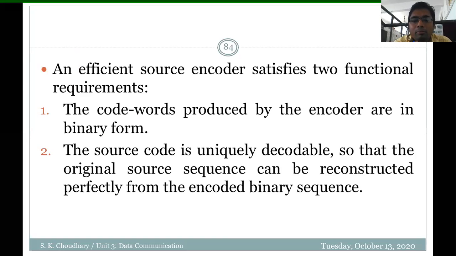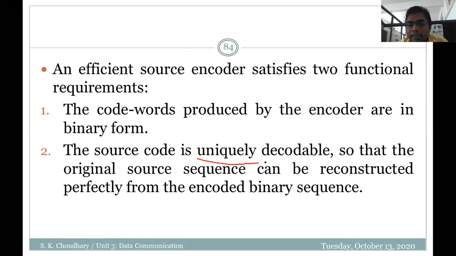The second functional requirement is that the source code is uniquely decodable. This is a very important statement. Your source code should be uniquely decodable so that the original source sequence can be reconstructed perfectly from the encoded binary sequence.